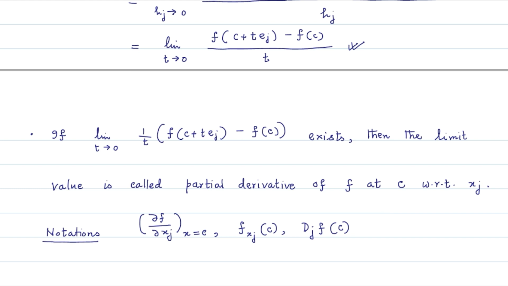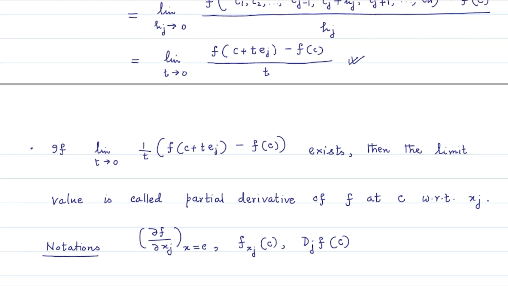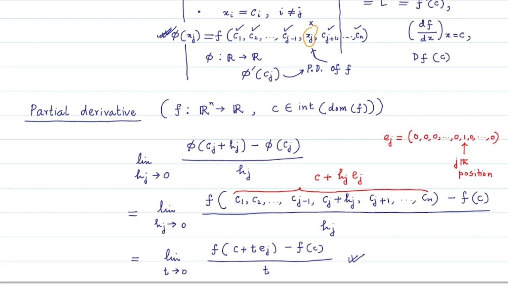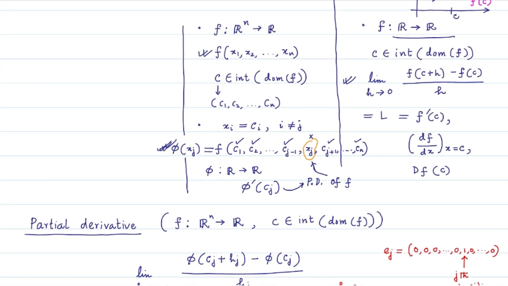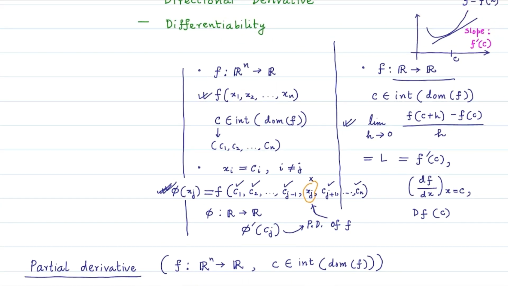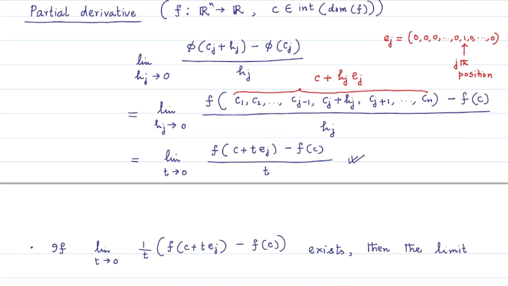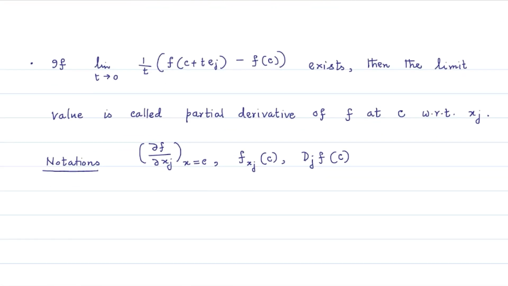Here we note that the partial derivative of the function f at c with respect to xj is nothing but the usual derivative of the function phi, which is a function of one variable, and hence similar to derivative value as the slope of the tangent, we can also identify a geometrical interpretation of partial derivative as follows.